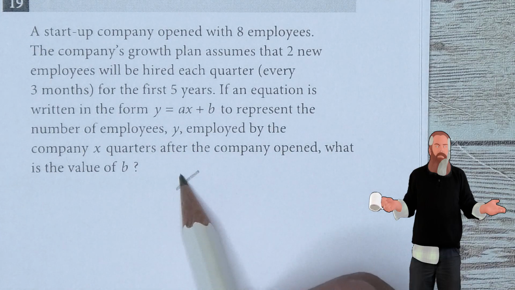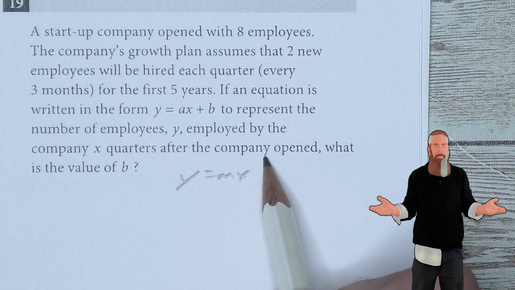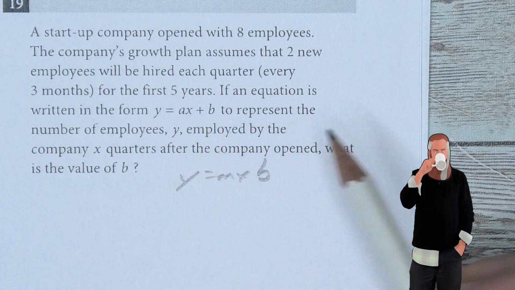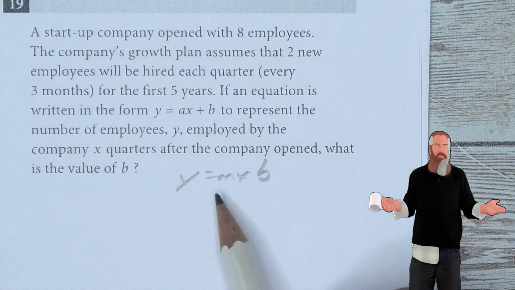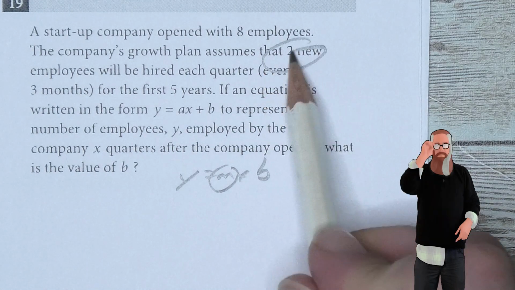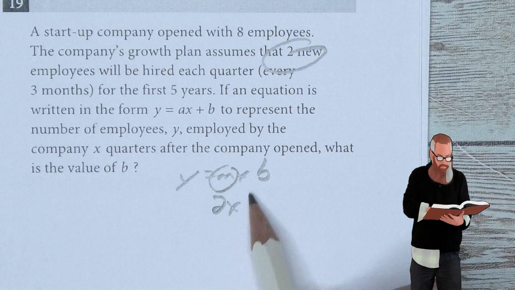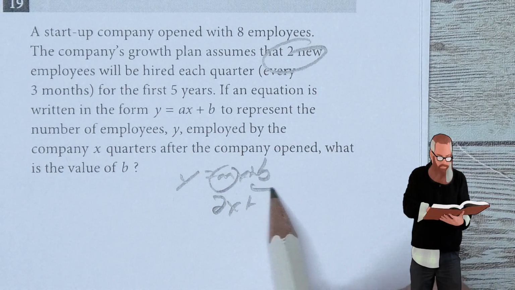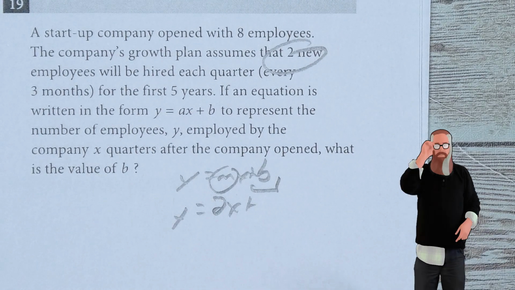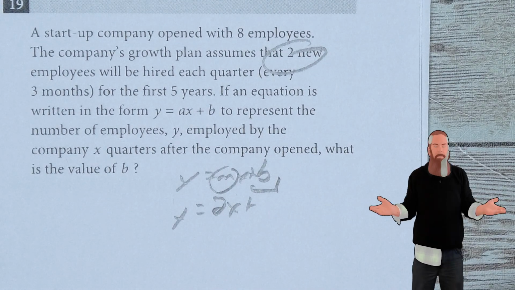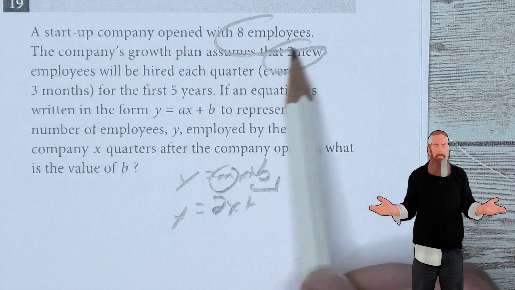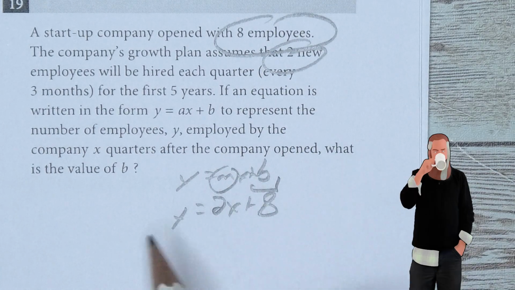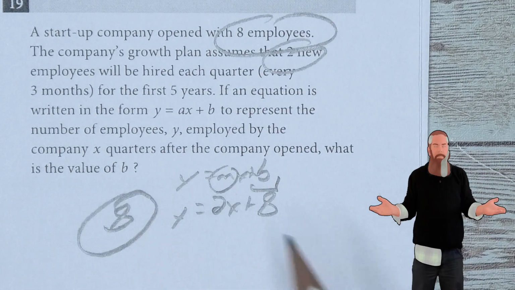So we're looking at this equation, y is mx + b. Really, I know it says ax + b. When it comes to the change, that m value, we're going to get a 2. We have a 2x, but still we are actually after the b value. What is this b to begin with? Well, it is the 8 employees that began with the company. So b is equal to 8.